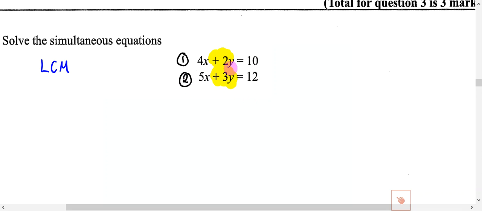The lowest common multiple of 2 and 3 is 6. So I'm going to multiply this one by 3 and this one by 2.